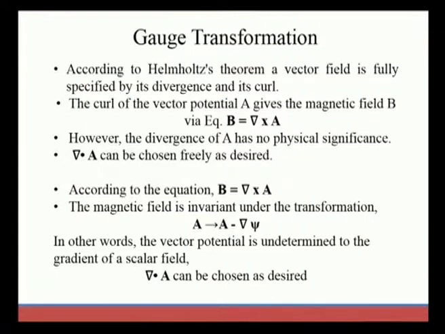The magnetic field remains as it is. The transformation will be like this: if we change A to A minus del psi, a very small change made in A does not affect the magnetic field. In other words, we can say the vector potential is undetermined up to the gradient of a scalar field.